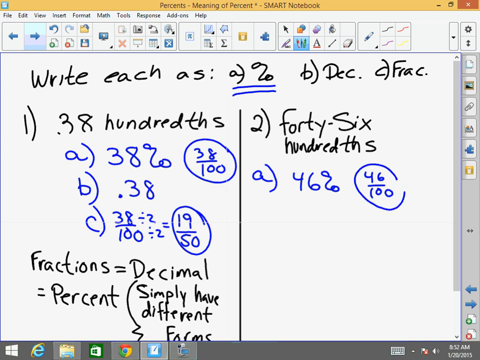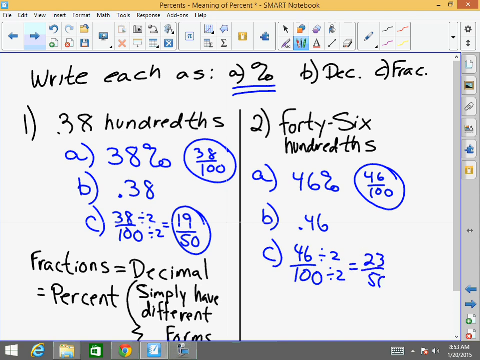So how do I read that number correctly? 46 hundredths, which in decimal form is 0.46. And the fraction form, we know is 46 over 100. And when I reduce that by 2, that gives me 23 fiftieths.